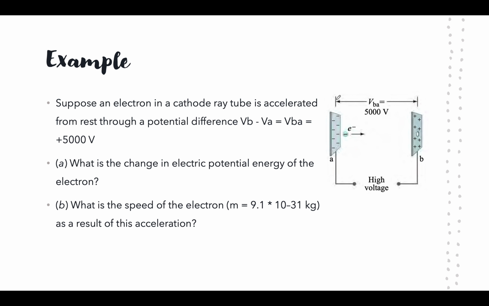It just means that the difference from point A to point B is 5,000 volts. All right, and the question is, A, what is the change in electric potential energy for the electron? And B, what is the speed of the electron as a result of this acceleration? Pause the video here, take a couple of minutes and see if we can solve this example.